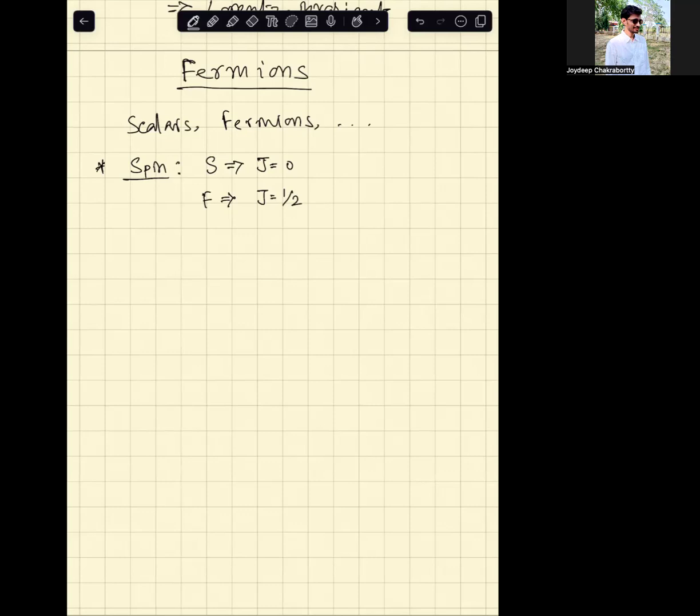But what is more important here is that the scalars do not transform. Now, whenever we say in our mathematical language that something is not transforming or remains invariant, that automatically tells you that you need to associate some kind of transformation property.